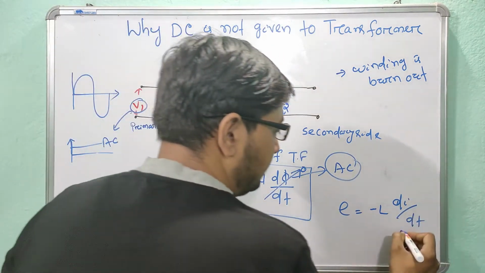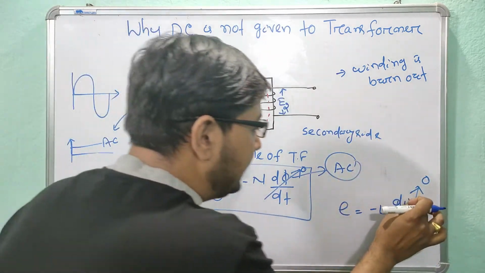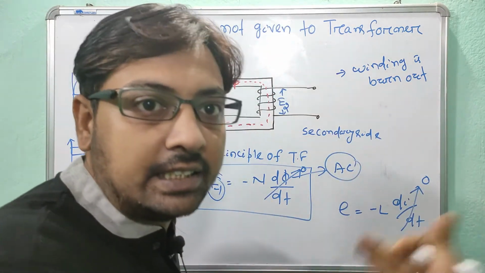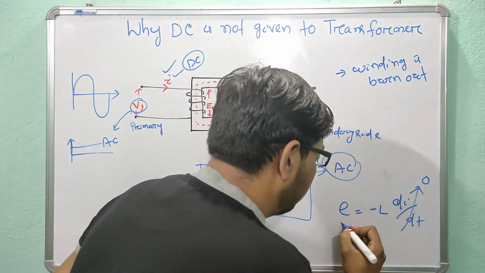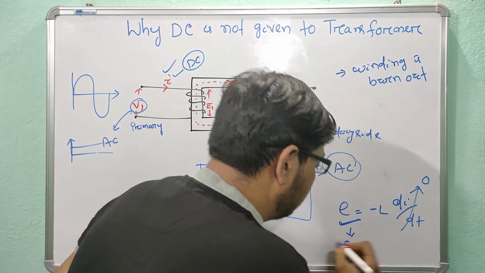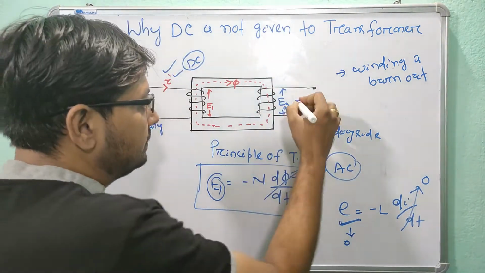So why is di by dt 0? Because I is constant, it is not alternating. So the rate of change of current is 0, so the voltage E is 0.